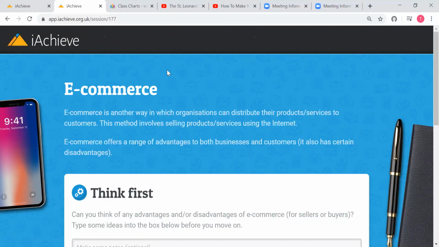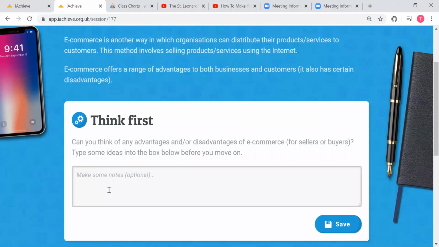For example, Amazon is a retailer online. They don't ultimately produce any of the products that they are selling, or at least most of the products that they're selling. That's not strictly true. They do have a couple of Amazon branded products, but most of their products they are distributing as an online retailer. So e-commerce is quite complex. It can be direct, but it also can be through other parties.